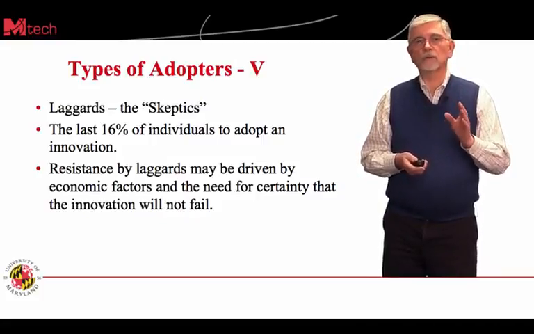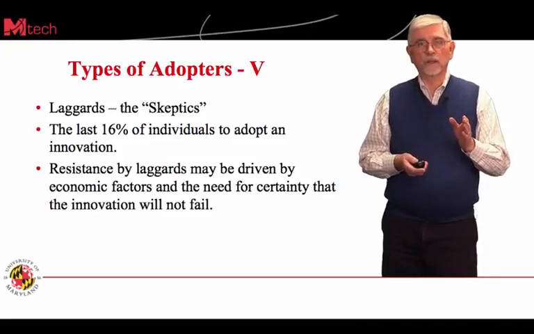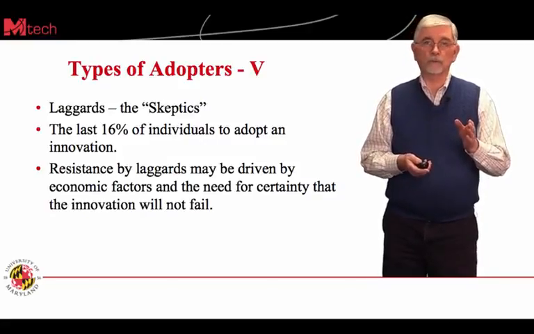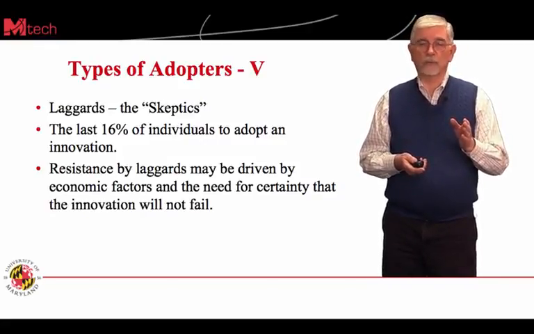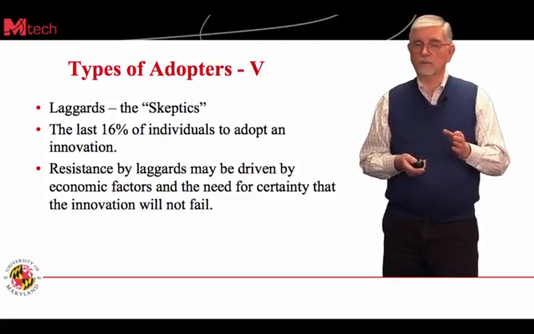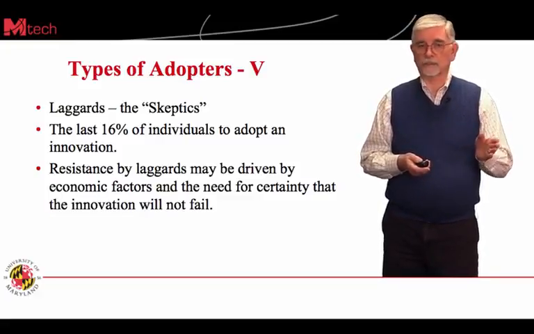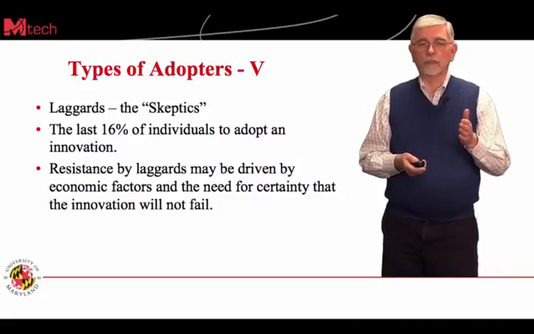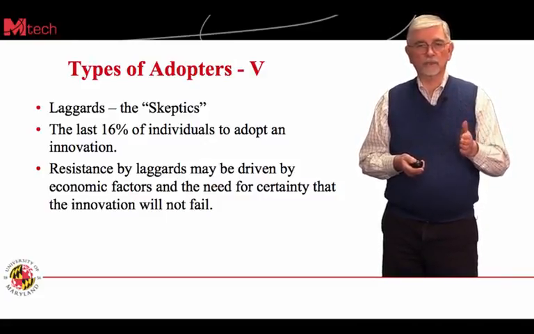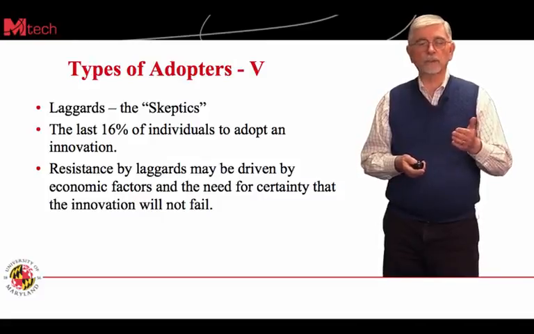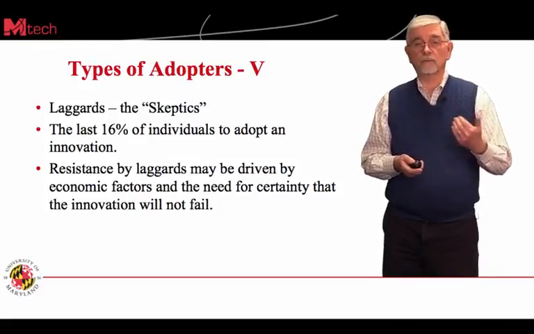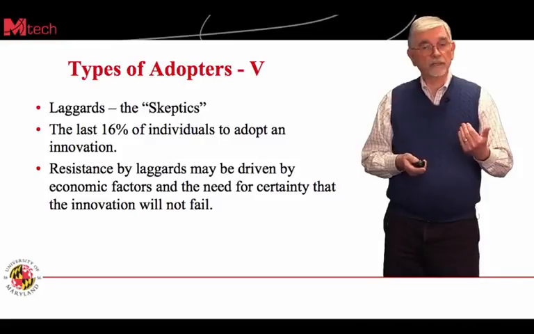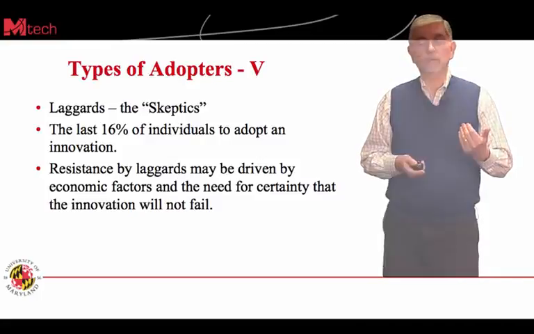But mostly people who are marketing an innovation are really very happy to have just the early majority, because that's a huge market. If you get the late majority, you are going to be a fantastic success. Almost no people who are in the business of selling innovations and providing innovations in the marketplace are making a lot of effort to try and reach the last category, the laggards or the skeptics.